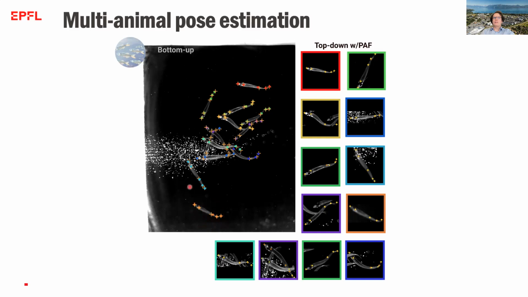Like, for example, this is one individual, and this is one individual, and these 5 key points belong to each other, and so on. So these are two very broad classes of bottom-up and top-down pose estimation algorithms. And in DeepLabCut, you can use both, although we typically recommend bottom-up methods.